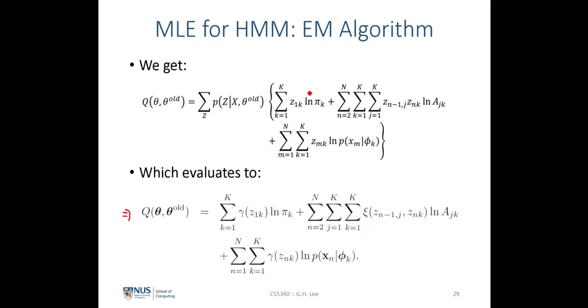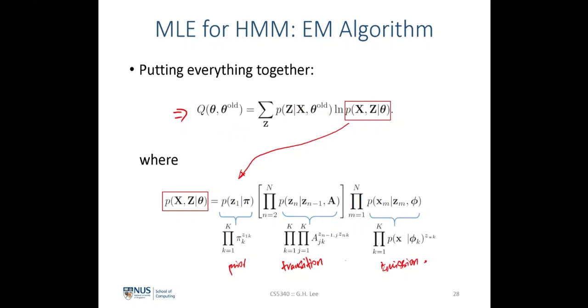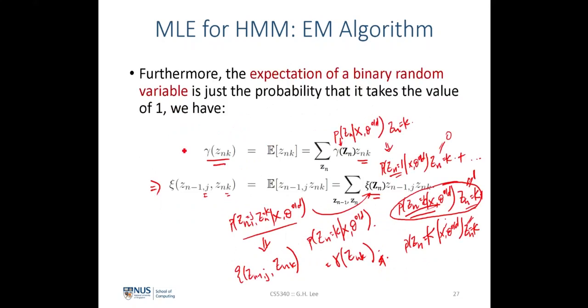We can see that since it's an expectation over z on z1k over the posterior distribution of z, this ends up being gamma of z1 of k. Since this is defined over 1 of k, we'll end up with this particular term in accordance to what we have defined earlier in this slide on gamma nk and psi znj and znk.